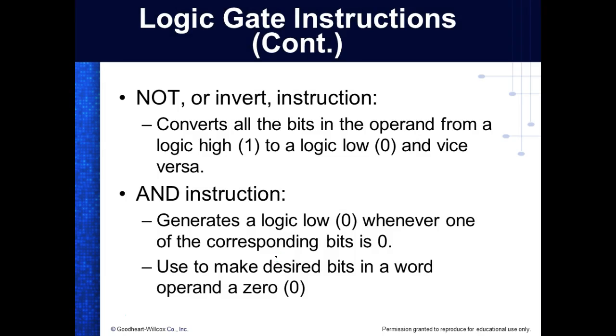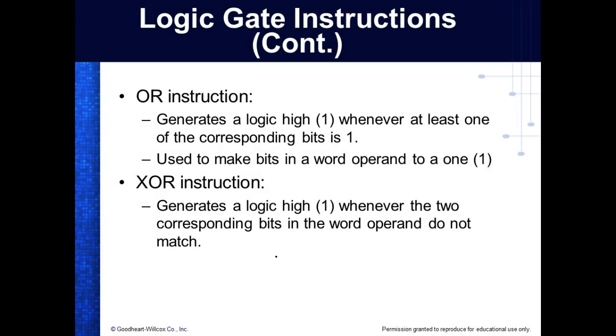So the AND instruction generates a low whenever the bits we want to clear in a word of the operand equal 0. The OR mask, we use this to set bits in a word of an operand to 1.